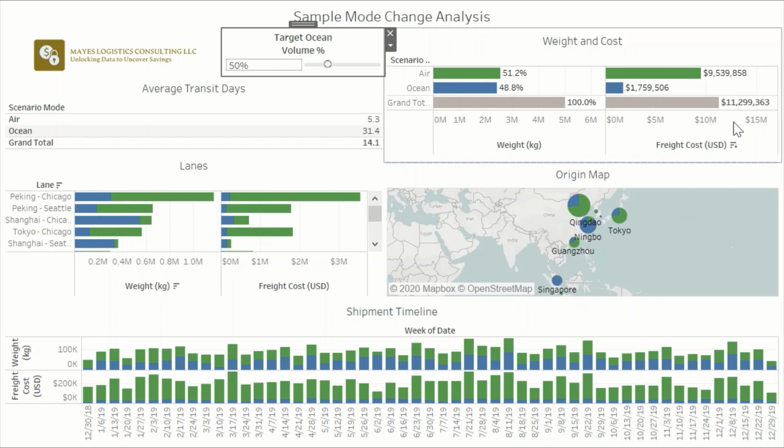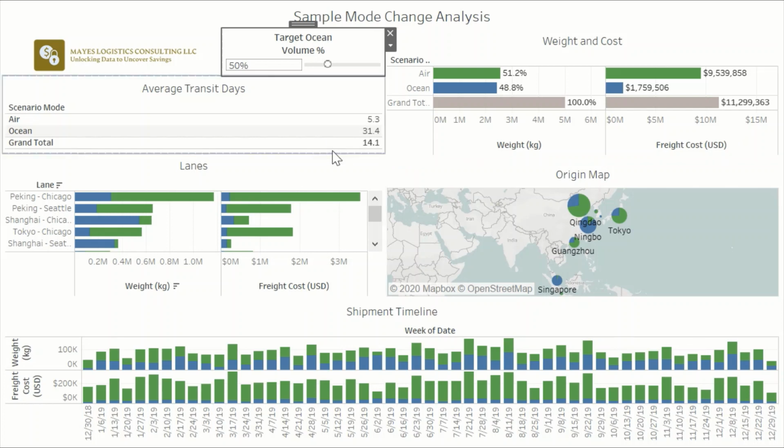So by moving only 20% of flows that were shipping via air before to ocean, you can save more than $2 million over the modeling timeline in this particular scenario. Of course, since more shipments are going via ocean, your total average lead time is going to increase from less than 8 days in the baseline to more than 14 days in this scenario. And that's going to continue to increase the more shipments that we change from air to ocean.